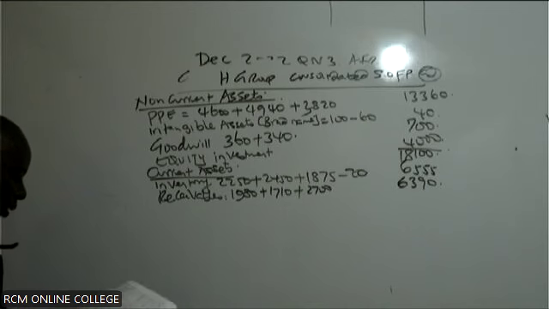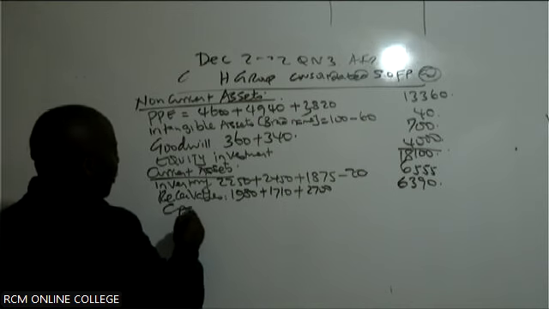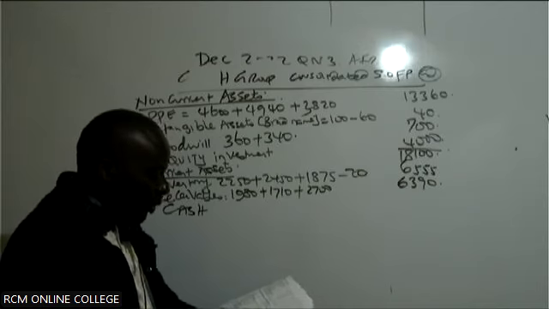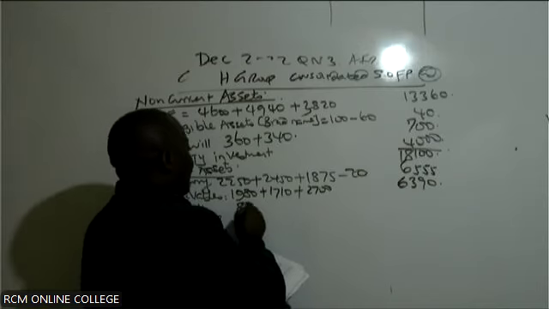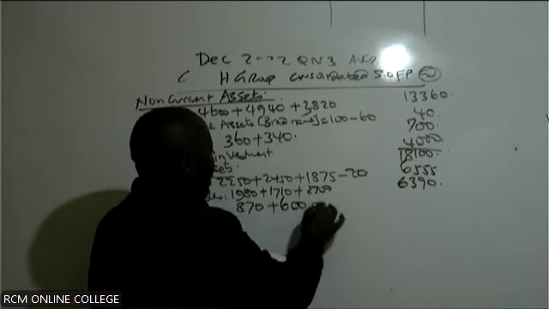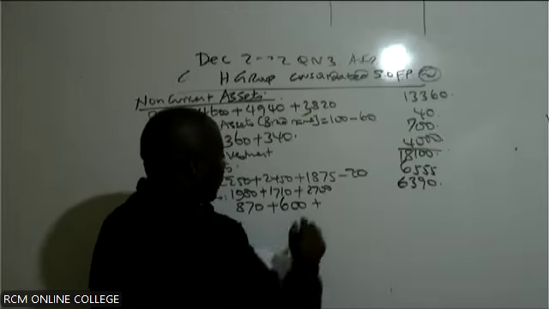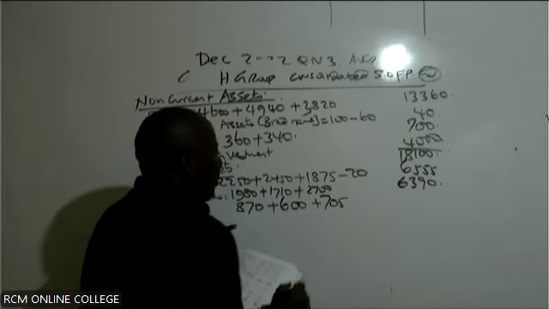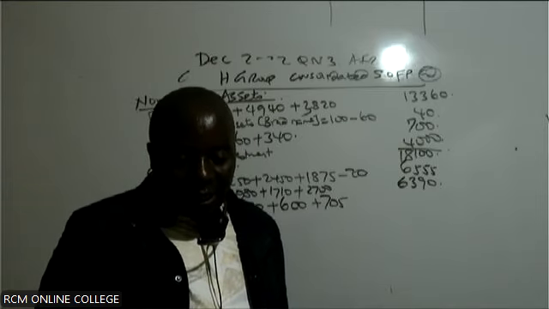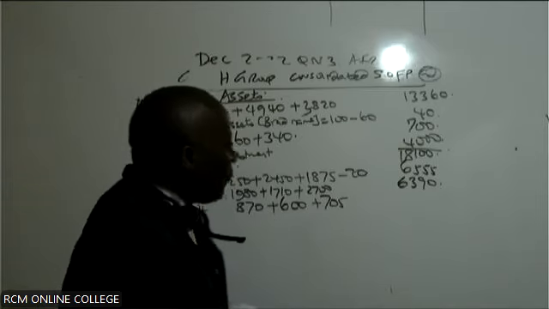After receivables, what else do we have? We have cash. This is very easy. Free marks because there's no cash in transit. 870 plus 600 plus 705. Are you able to give me this answer? I'm being given a figure of 2175.